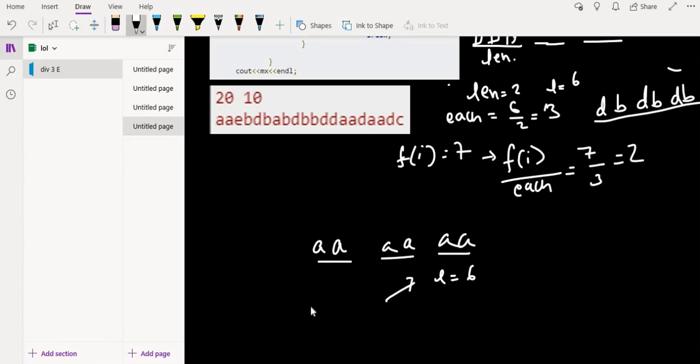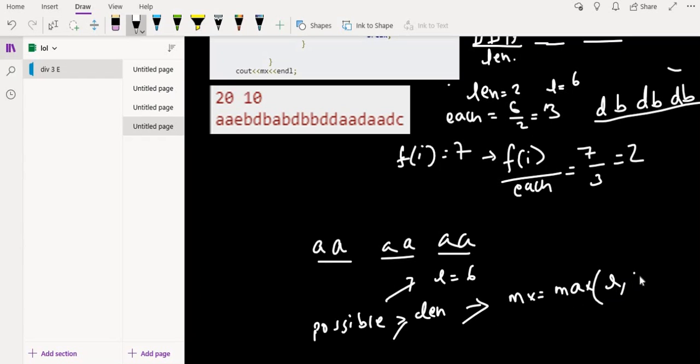If the possible number of characters is greater than or equal to len, I can surely say that yes, this particular string is len beautiful, which is ultimately k beautiful, and it has a length of L. So since it has a length of L, we can just update max with the maximum of L and the previous value of mx.